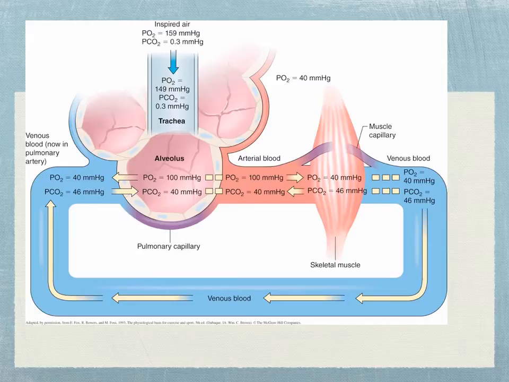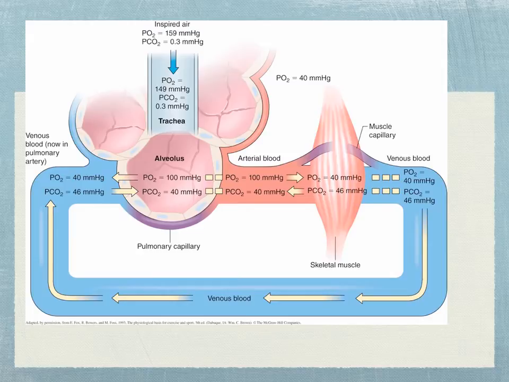So the blood now is saturated with oxygen, and at the capillary bed in the muscle, you find that the oxygen will be released from the hemoglobin because it goes from an area of high concentration in the blood to an area of low concentration, or low partial pressure, in the muscle.